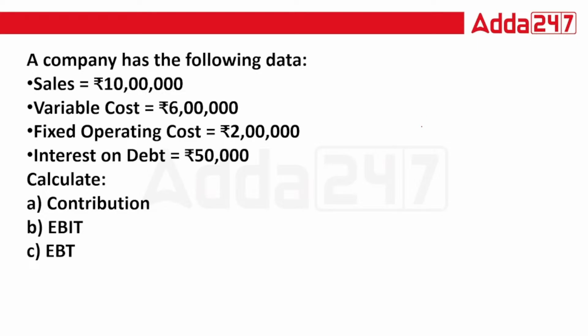So today's first question is: a company has the following data: sales 10 lakhs, variable cost 6 lakhs, fixed operating cost 2 lakhs, interest on debt 50,000. Firstly, we need to calculate the contribution. Next, EBIT and EBT. Now, what is the meaning of EBIT?